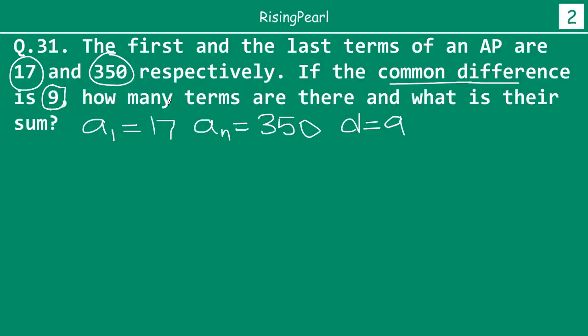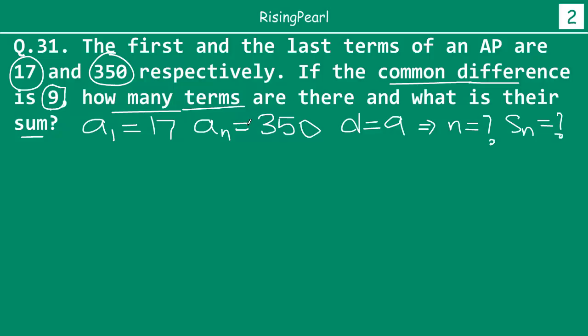So how many terms are there? We have to find out the number of terms, n, and what is their sum. In this case, we have to find the value of n, and the sum of those n terms. So how do we do this?